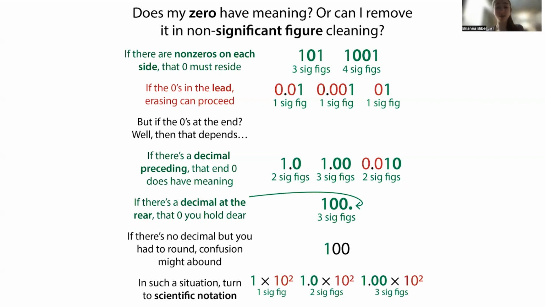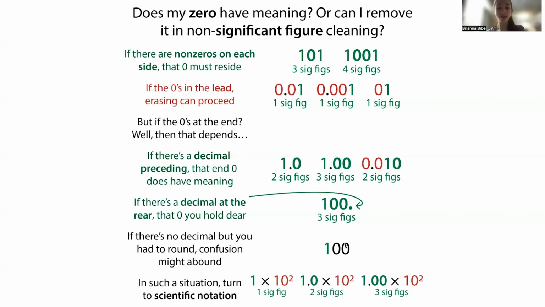If there's no decimal, then technically only the non-zeros would be significant, and the zeros would just be placeholders. But often you have a value like 99 that you might round to 100, and you might forget, oh, well, now we have to take into account that I just went from 2 significant figures in 99 to, if I write 100, it looks like I only have 1 significant figure, but I really still have 2 significant figures.